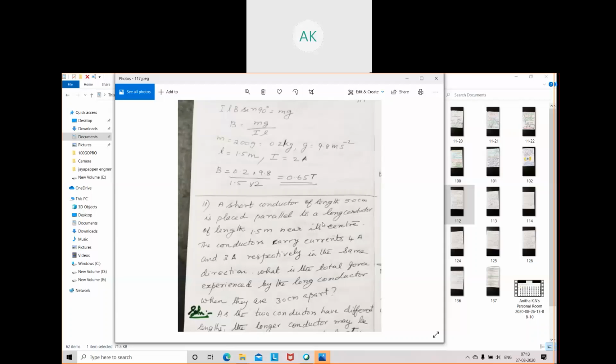So two conductors are there, one of length 5 centimeter, the other of length 1.5 meter, very long compared to this. The conductors carry currents of 4 ampere and 3 ampere respectively, in the same direction. Note that point: they carry current in the same direction.